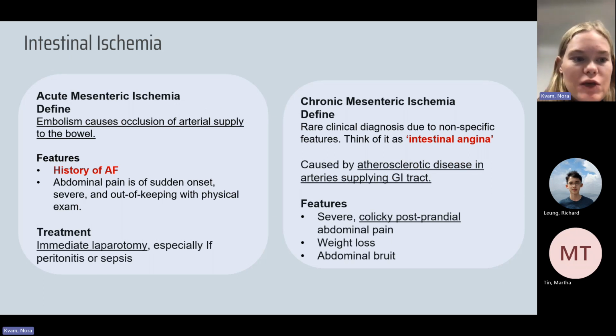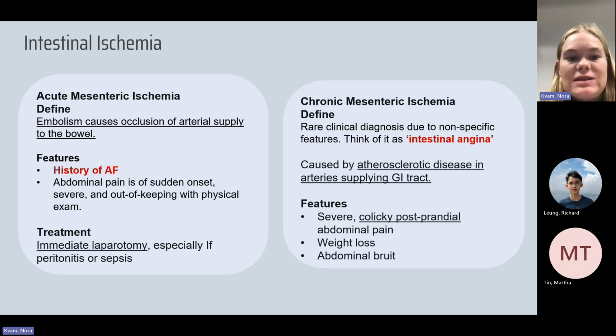In acute mesenteric ischemia, there's an embolism that has caused an occlusion in the arterial supply. So there's typically a history of AF. Treatment is immediate laparotomy, especially if there is peritonitis or sepsis.